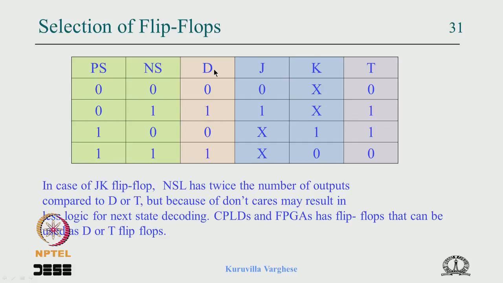normally you get D or T flip flops, okay. JK flip flops are not there. I don't remember now, but at least in CPLD you have an option of D and T, not because in the state machine this is useful, but for counters. You know that the binary counter has toggling action, counting very sequentially 0 0 0, 0 0 1, 0 1 0, 0 1 1, then the next bit toggles, you know.